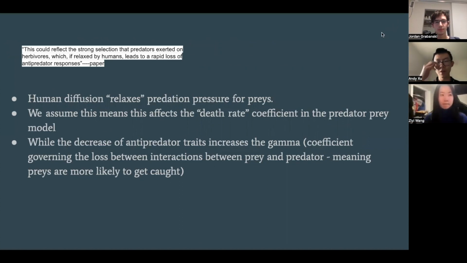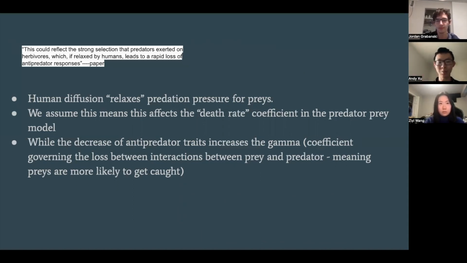And so for the anti-predator traits function, we put in this finding from the paper that suggests that human diffusion relaxes the predator pressure for prey. So we take that to mean that humans sort of drive predators out.